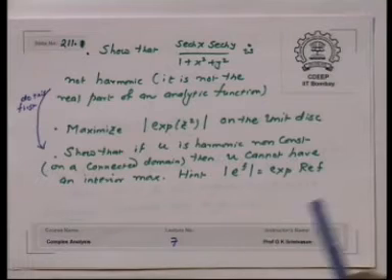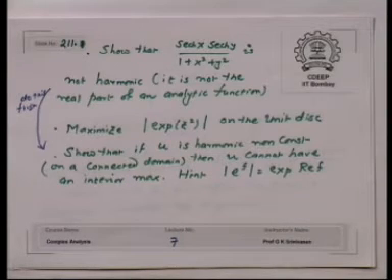First, do this part. Show that if u is harmonic and non-constant, then u cannot have an interior maximum. A harmonic function cannot have an interior maximum. This is the maximum principle for harmonic functions. Those who are doing PDEs, take note.